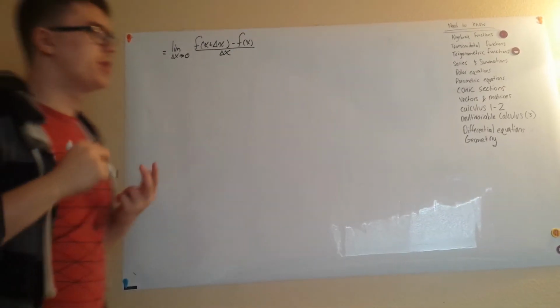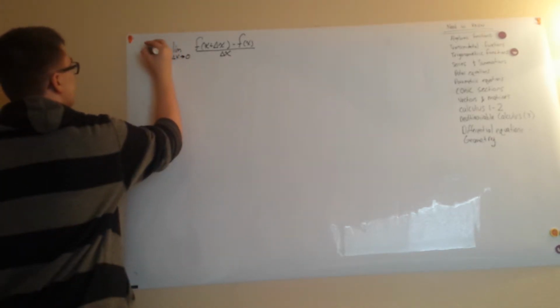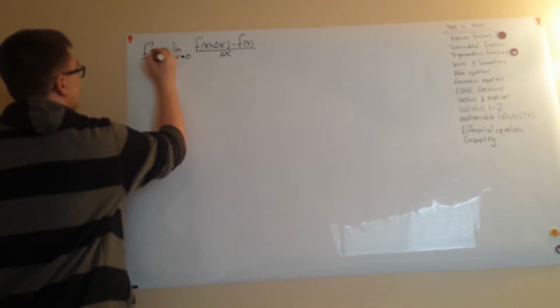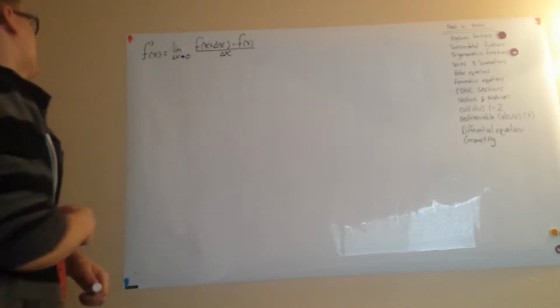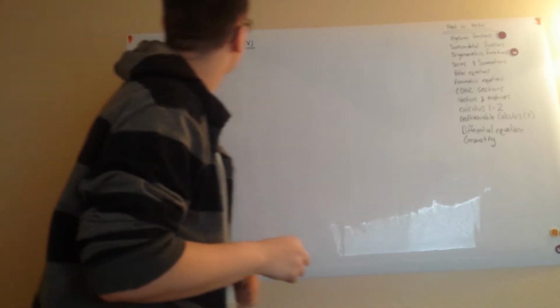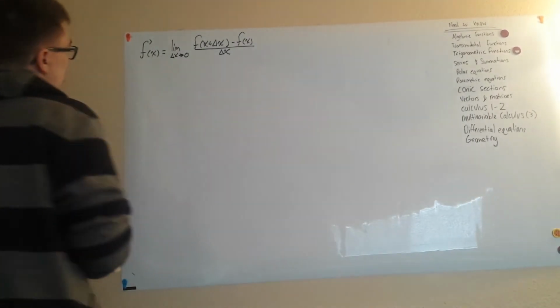This slope of the tangent line has a special name: f prime of x. Looks like an f prime of x. That is a special name. I'll give away the second special name next time.